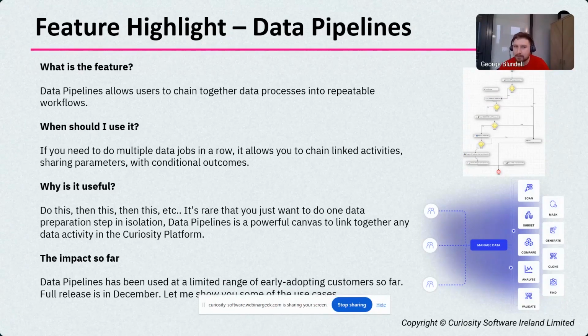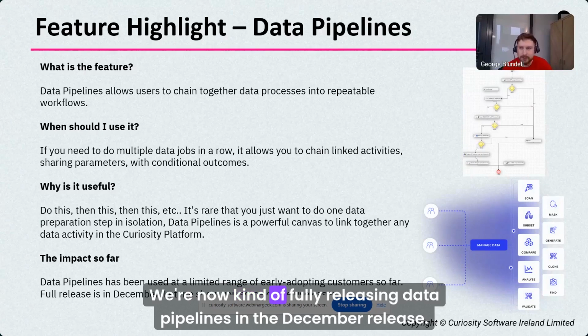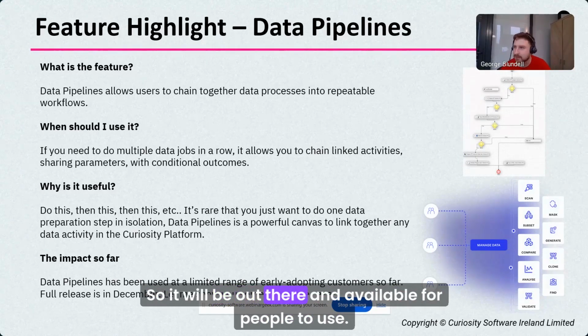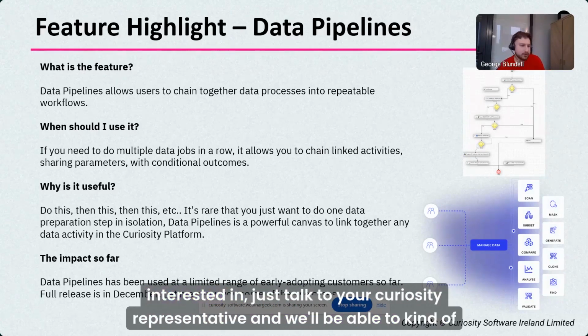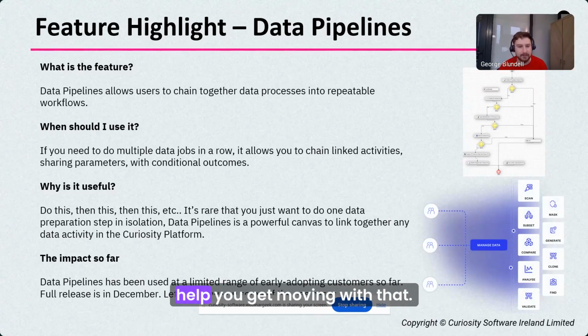We're now fully releasing data pipelines in the December release, so it'll be out there and available for people to use. So if there's anything that you see on this webinar today that you're particularly interested in, just talk to your Curiosity representative, and we'll be able to help you get moving with that.